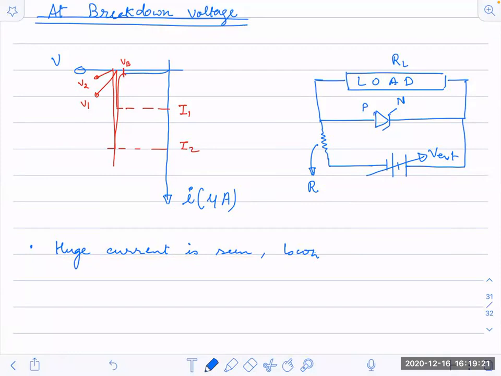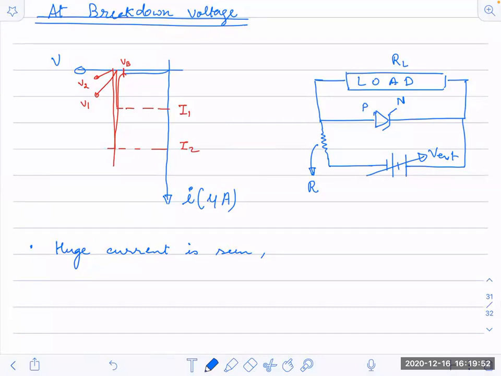The resistance across the diode will increase, will decrease, or what will happen if the current is more? Try to analyze this and tell me the answer.